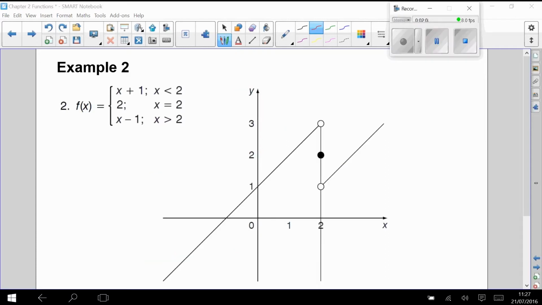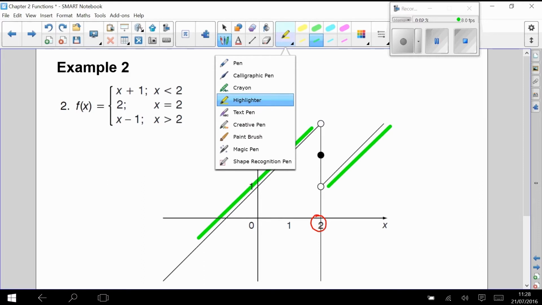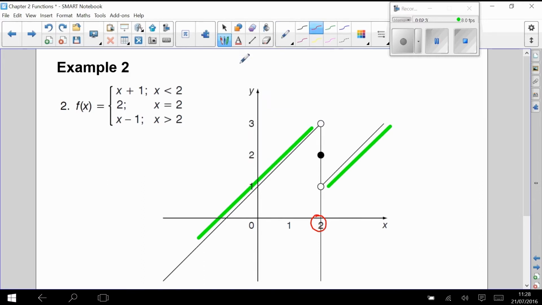So once again, you can see on this graph that's been drawn for f of x, which is a split function, I might have a problem when x is going to be equal to 2. So if I assess when x is going to be equal to 2, and I draw my finger along the curve from the left towards when x is 2, or from the right towards when x is 2, I have definitely not arrived at the same height.